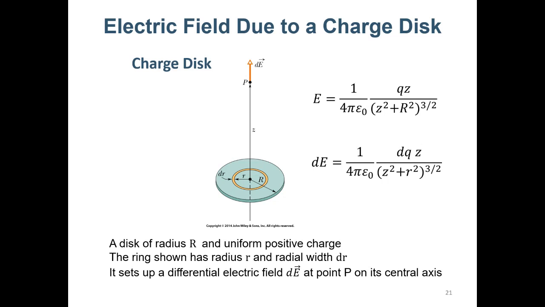Just now it's a ring, and then the radius of the ring varies, and they add together so that it will become a disk. So you can imagine the ring has a radius from 0 to capital R, and you add all of them together, then it will become a disk.